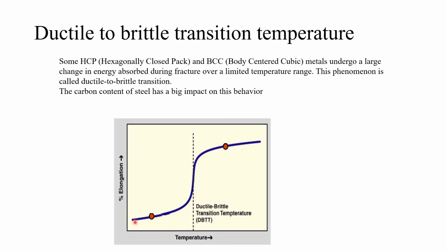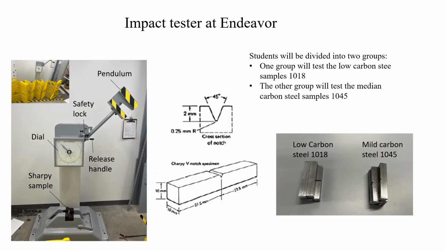It will drop from pretty good ductility, at a decent percentage elongation, to almost no elongation when the temperature drops. And the deflection point of this S curve is called the ductile to brittle transition temperature. Okay, so this behavior is related to the carbon content of steel, and we are going to study that.